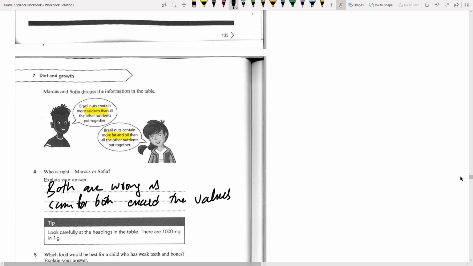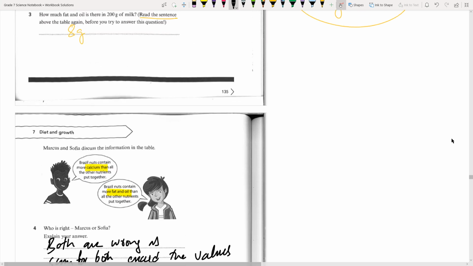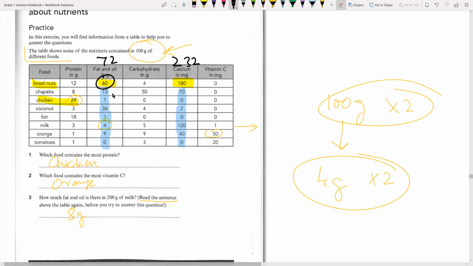This is what we just calculated: if we add all these numbers and it is greater, then they are wrong, which it supposedly is. As you can see, in both cases when we add these up, they are wrong. Both of them are wrong, technically speaking.